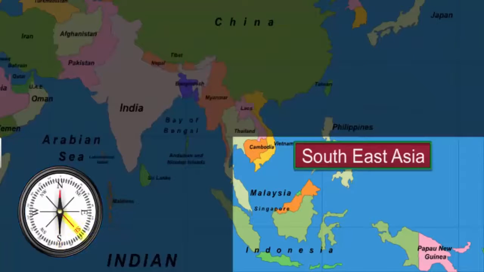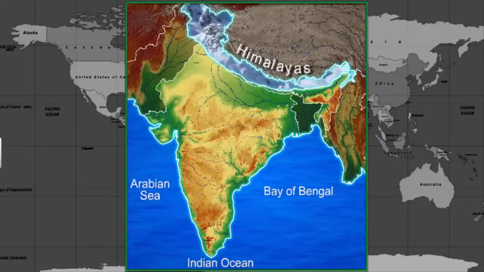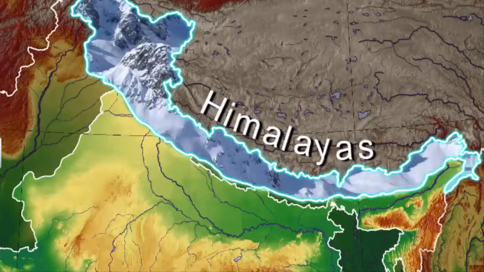India's unique physical setting imparts uniformity to its climate. India is flanked by the towering mountains in the north, which block the cold bitter winds blowing from the northern hemisphere.